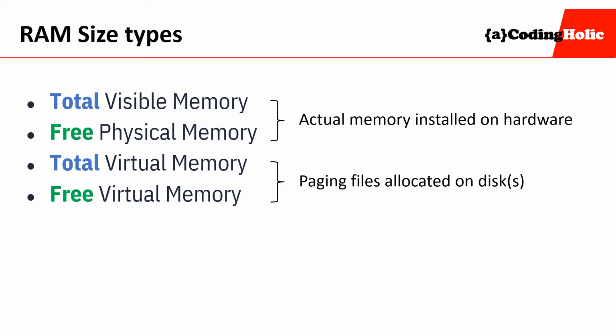If you don't know what a paging file is, briefly speaking, if the physical memory is running low when executing applications, then Windows uses some disk space of your hard drive as memory space to keep your application running. That is called virtual memory, and the space used for this purpose is allocated to a file called paging file.